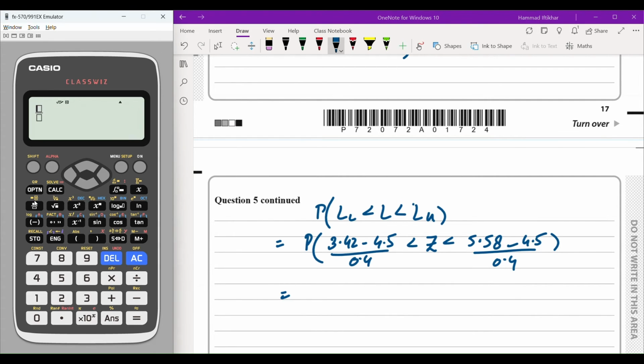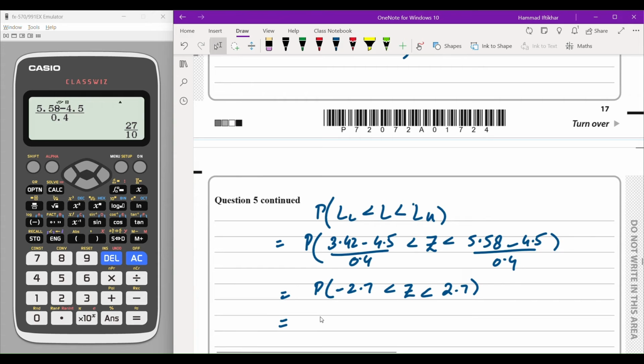So 3.42 minus 4.5 divided by 0.4 is minus 2.7, and 5.58 gives positive 2.7. So basically what it will come out to be is 2 times the probability of z less than 2.7, minus 1, because you see these are identical values, minus 2.7 and 2.7.